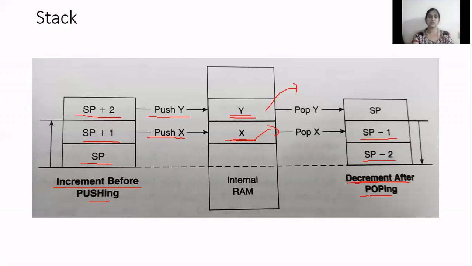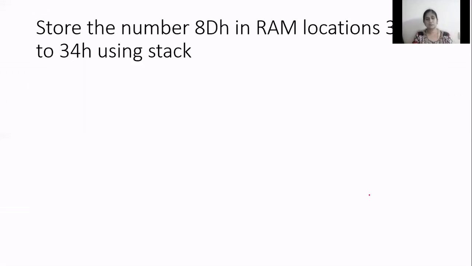So now we'll go for one example program. Store the number 8DH, a hexadecimal value, in RAM locations. You are given a range of locations from 30H to 34H using stack.